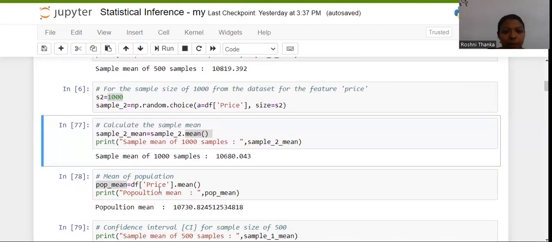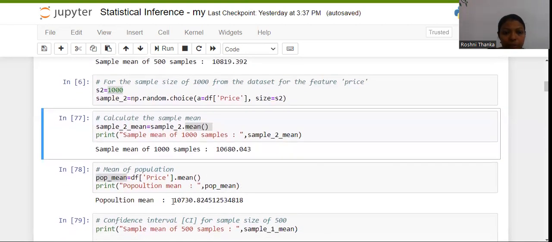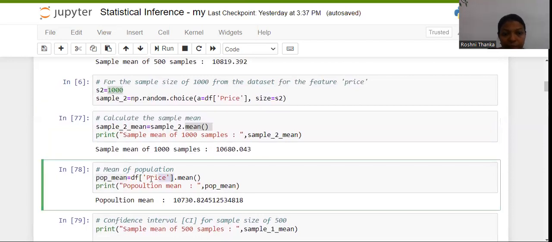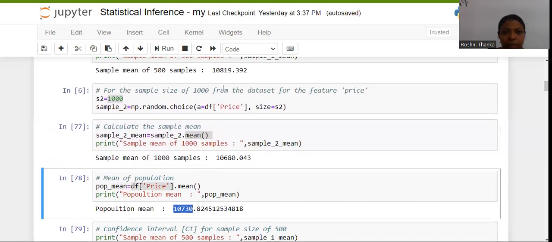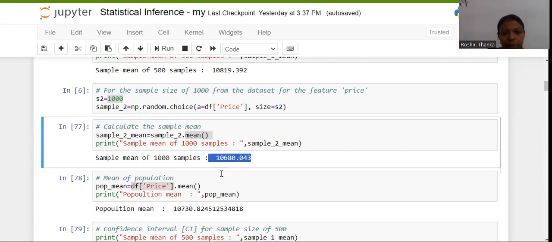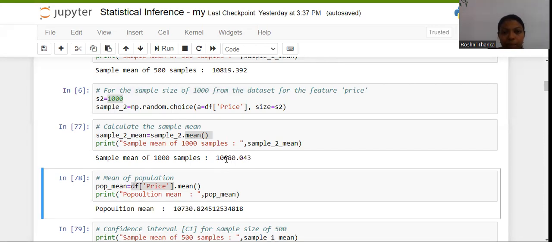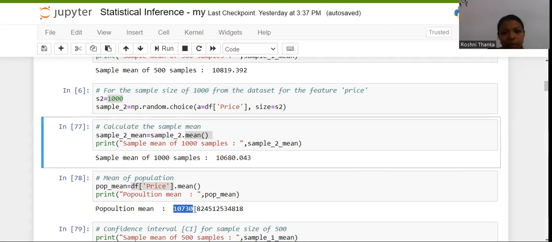Let us calculate the population mean. When I calculate it for the complete data, the mean I got is 10,000. So this is the original mean value of the population. Now you can see that when I take the sample of 500, it is approximately equal to the population mean. When I take 1000 samples also, the sample mean is approximately equal to the population mean.